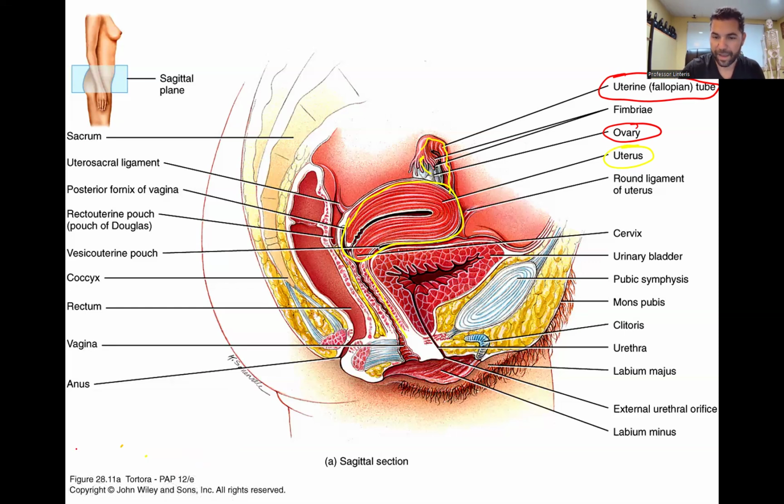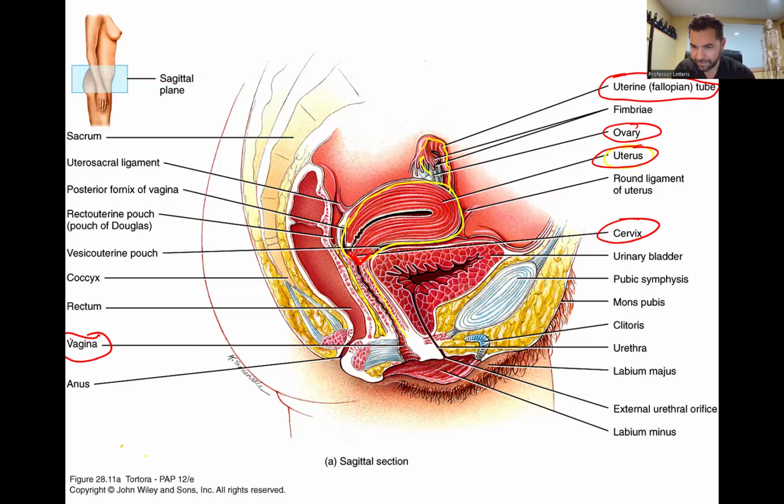So we have the uterus, we have the cervix, which is the entrance or exit between the uterus and the vagina. Obviously, we have the vagina, both involved in birthing a child, as well as sexual reproduction, because that is how you would get the sperm into the uterus and fallopian tubes, respectively.